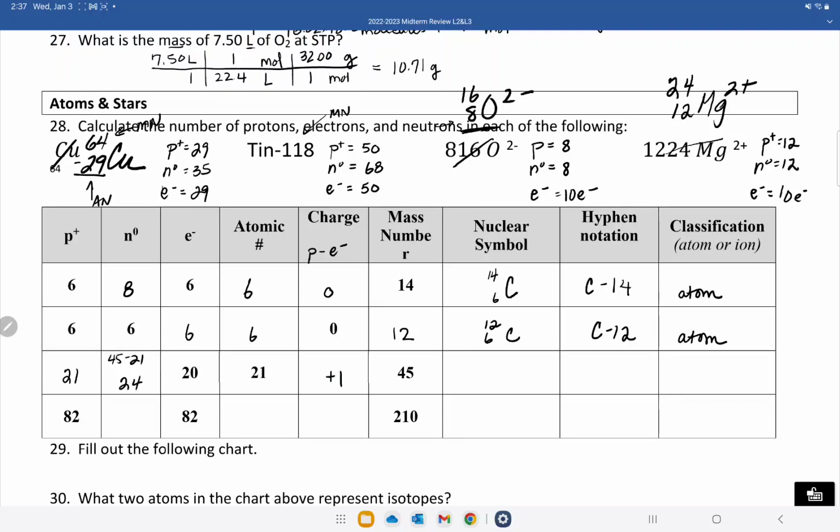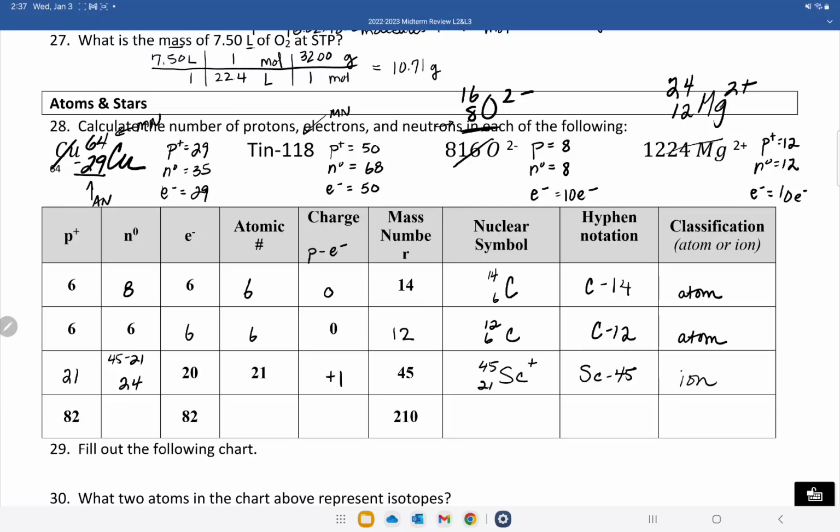And then I look on my periodic table and I find out what element has an atomic number of 21, and that's scandium. Mass number goes on the top, atomic number goes on the bottom, and then I put a charge. And it's just going to be scandium 45. Typically, we do not put a charge in the hyphen notation. And then this is an ion because it has a charge.